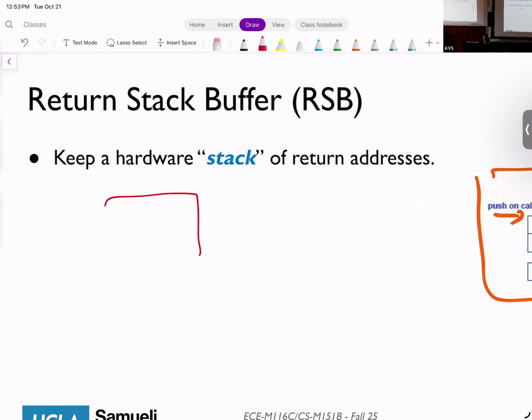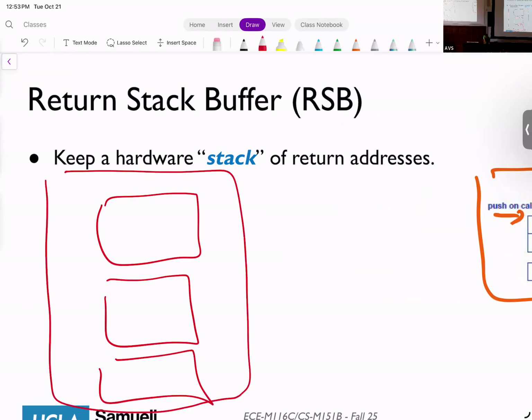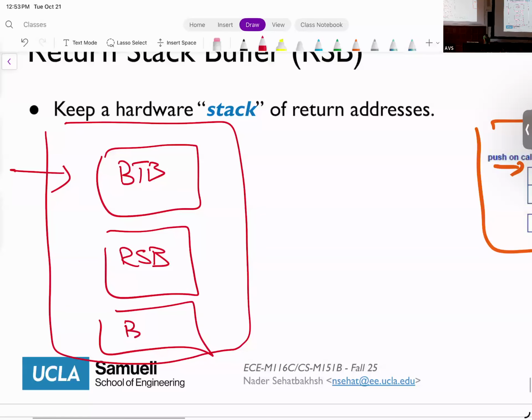You can think about the BTB as, as I said, in modern processors, your actual branch predictor is a bank of different things. You have your BTB, you have your RSB, you have what we usually call a backing predictor. So you basically consult all of them, and there is usually logic to decide which one you want to choose.